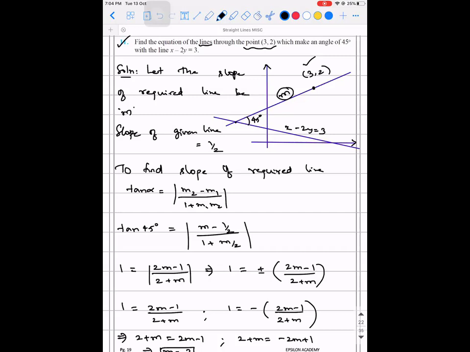I'm getting x minus 3y plus 3. Check the answer that you have.